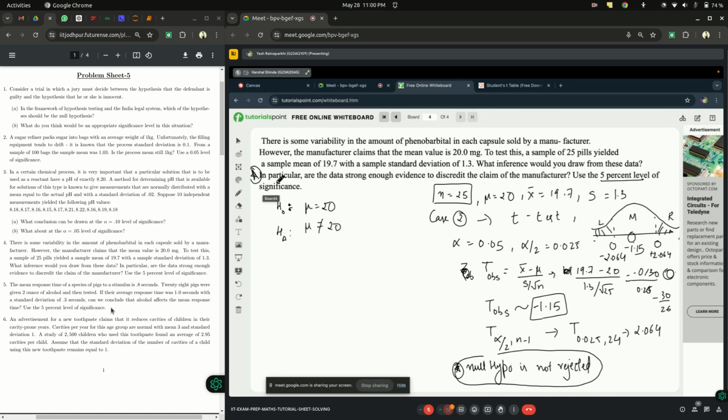So it is asking, after solving everything, do you think that your data is strong enough to discredit the claim? In easy terms, is the data set that is given to you strong enough to reject that claim? Since it is not rejected, that means I do not have strong evidence to say that this claim is wrong. Got it?